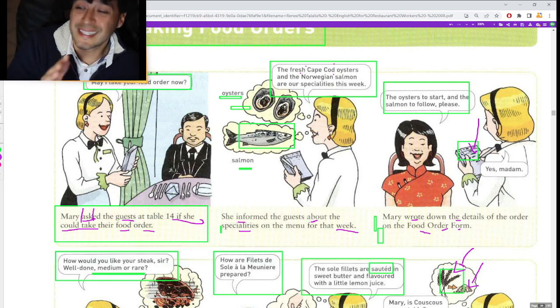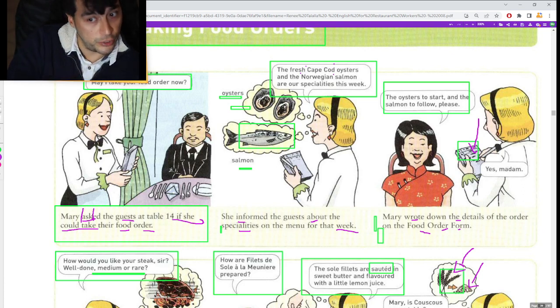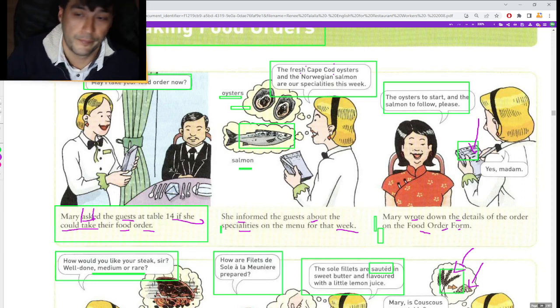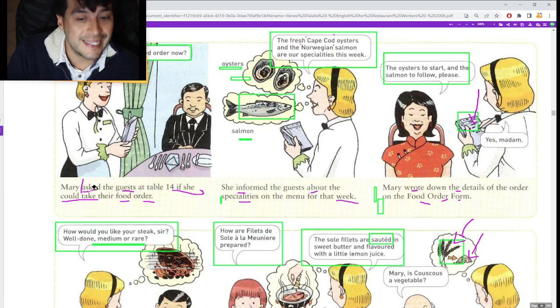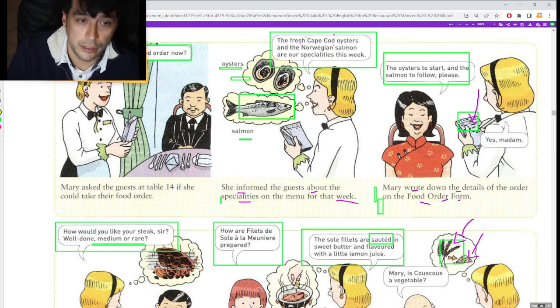There are 12 pictures. Picture 1: Mary asked the guest if she could take their food order.